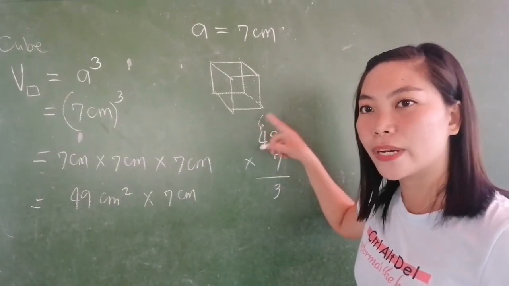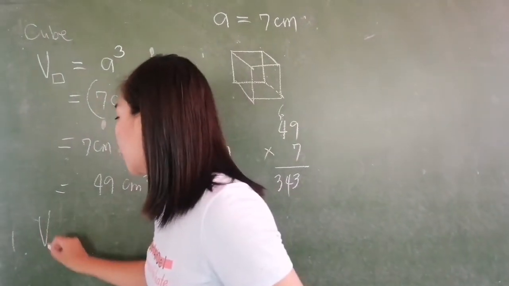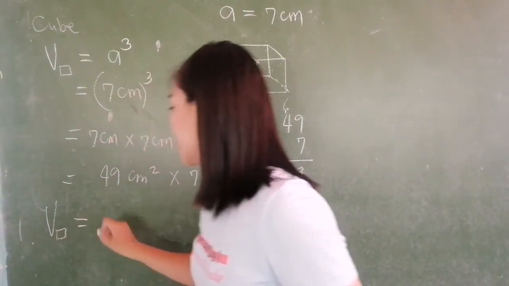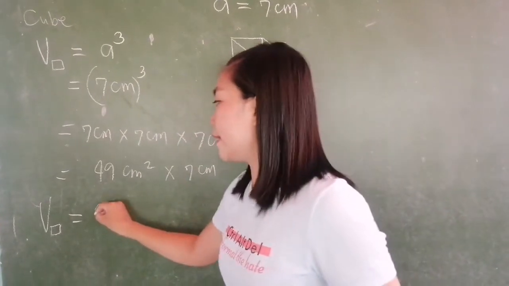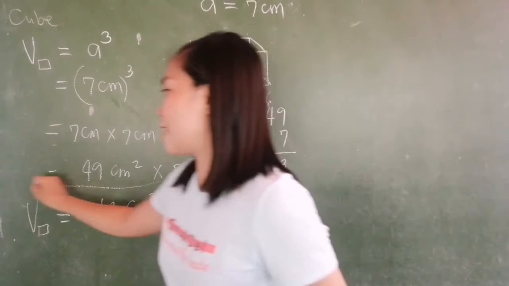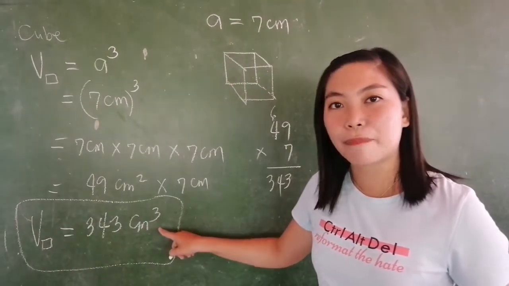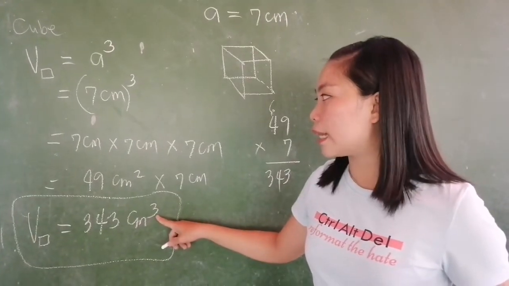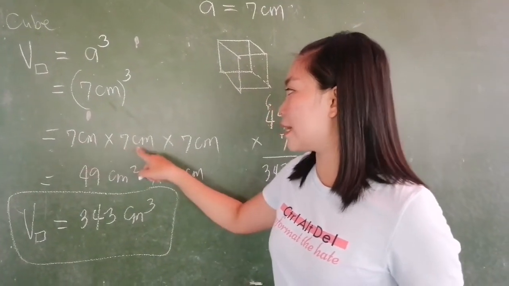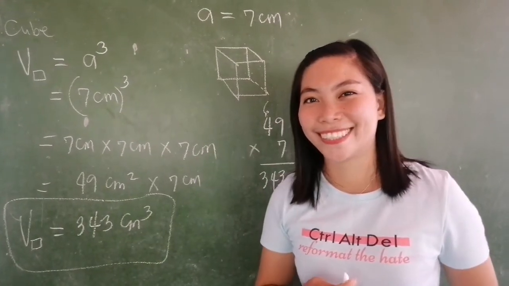Plus 6, you have 34. So, therefore, the volume of a cube is equal to 343 cubic centimeters. So, cubic centimeters na po siya. Bakit 3 na po yung exponent natin? Kasi we have 3 dimensions here. Naintindihan po? Thank you.